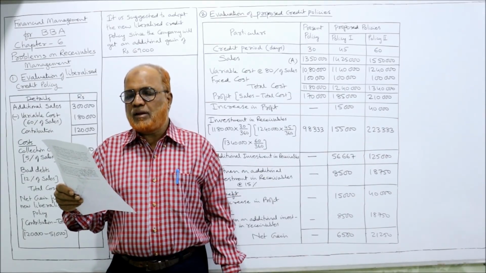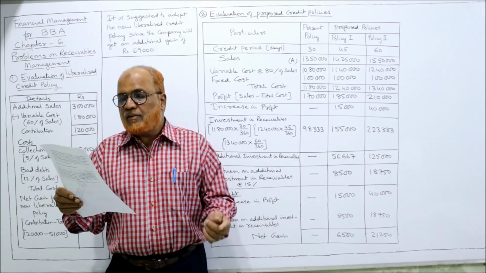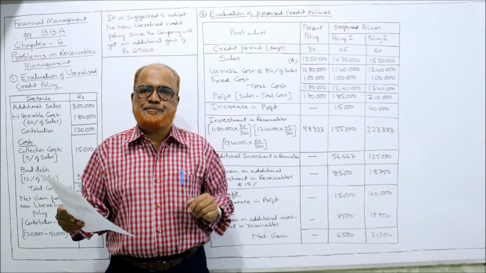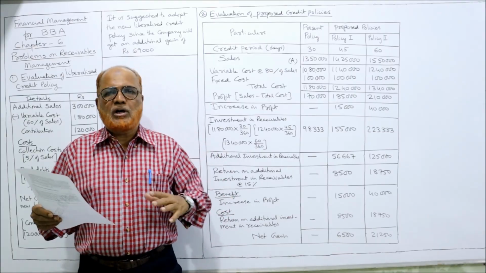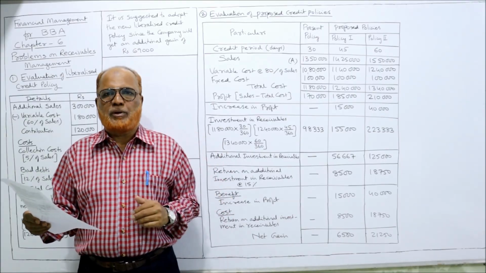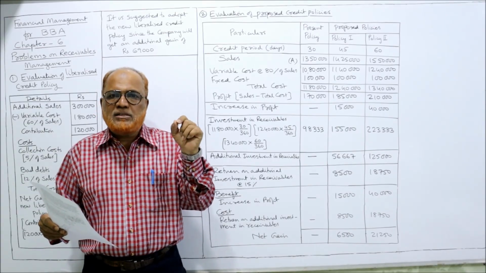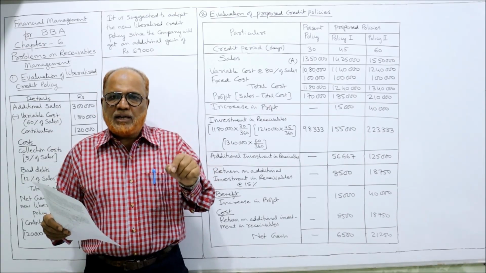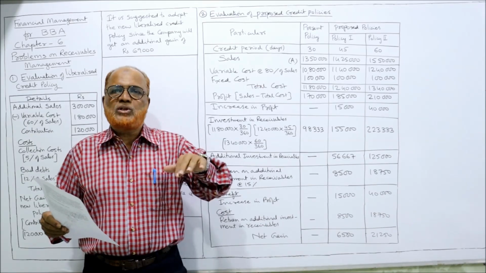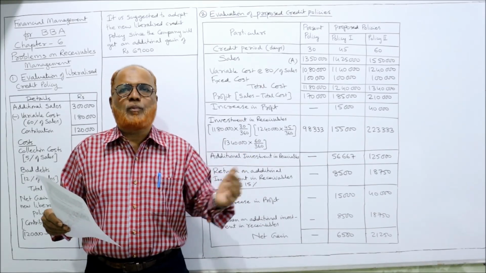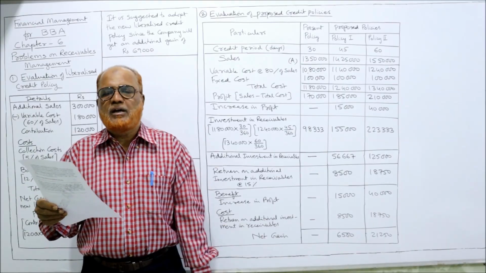The firm has a variable cost of 80% and a fixed cost of 1 lakh. In this problem, both costs are given, fixed cost and variable cost. But remember one point: the fixed cost will remain the same whether we continue the present policy or change it to policy 1 or policy 2.